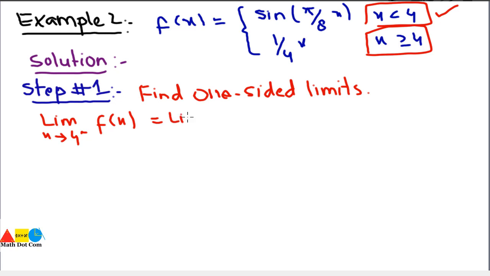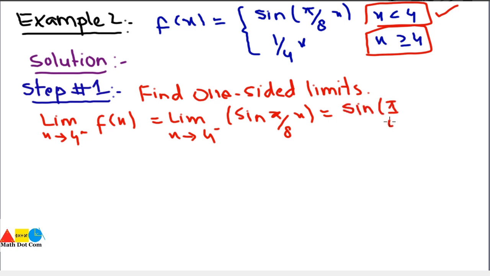So I'll take the function as limit of x approaches 4, and the function is sine of pi by 8x. So I'll replace the x with 4. It will become sine of pi by 8 into 4. It will be cancelled out like this. Then sine of pi by 2, that is sine of 90, is 1.